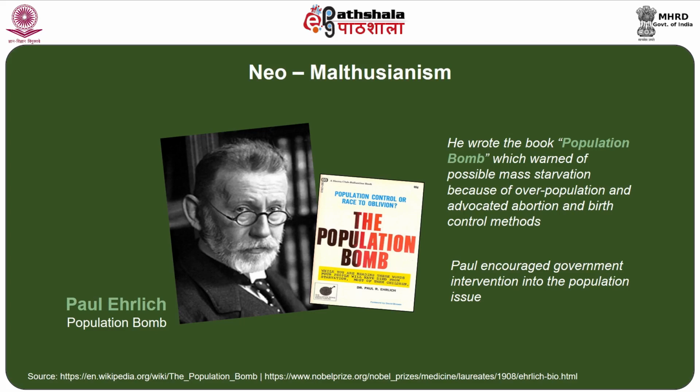He came out with a book, Population Bomb. Through this book, he warned of possible mass starvation because of our population, and he also advocated abortion and birth control methods to reduce population growth. He encouraged government intervention into the population issue.